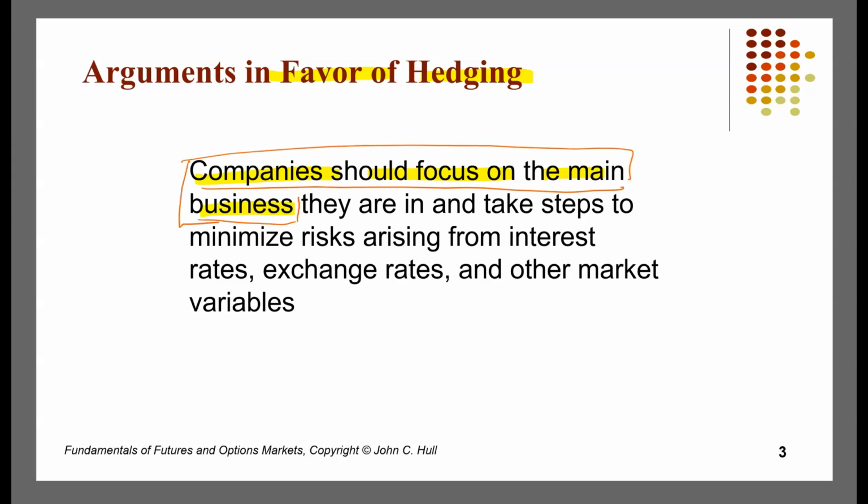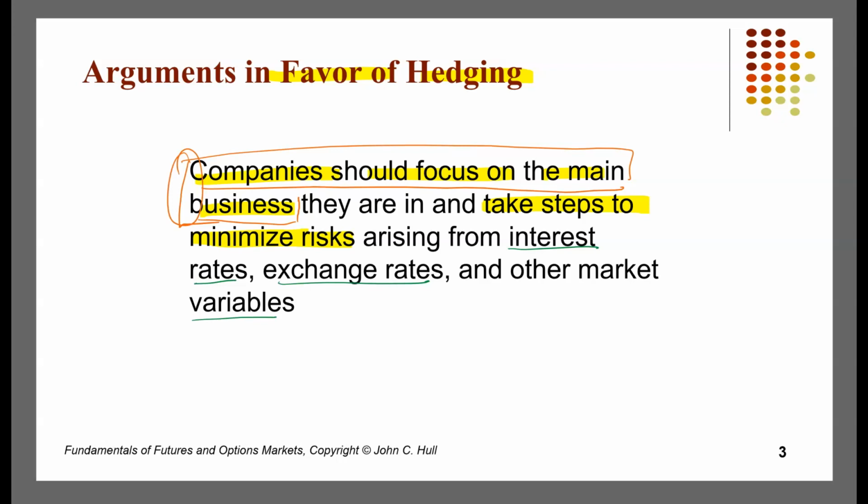However, in addition to that, companies should also take steps in order to minimize risk. And where would those risks come from? Well, the risk may come from changes in interest rates, exchange rates, and other market variables, so commodity prices, for example.